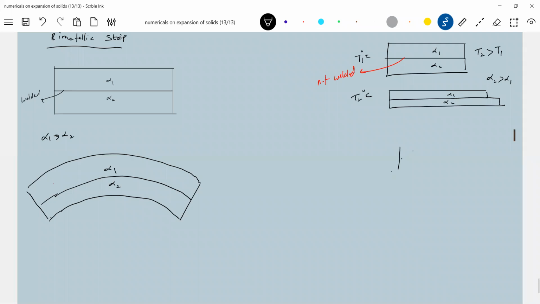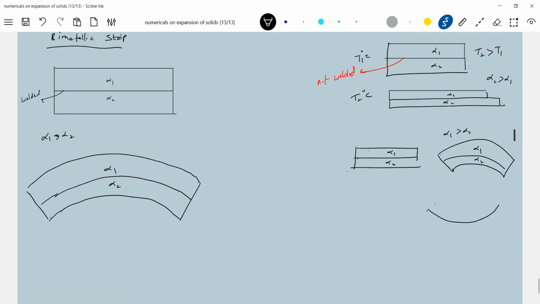When they're welded, if alpha 1 greater than alpha 2, if alpha 2 greater than alpha 1, it will be like this. Now you have to give the explanation, sir, why it will happen like this.